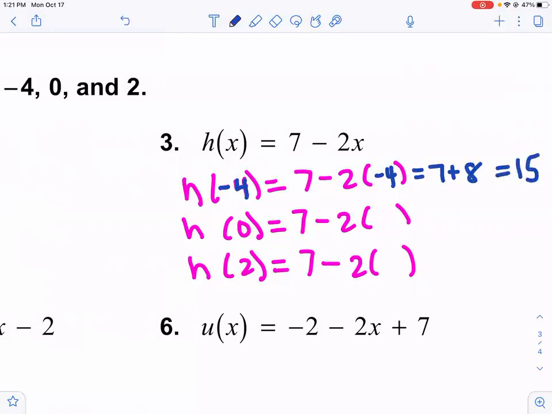Plus 15. Okay. Gavin, what'd you get for h of 0? If we plug 0 in for x, we get 7 minus 0, which is 7. Good. Manny, what'd you get for h of 2? If we plug 2 in for x, we get 7 minus 4, which is 3. Okay, cool.